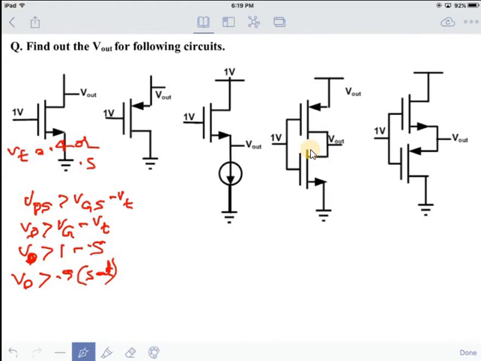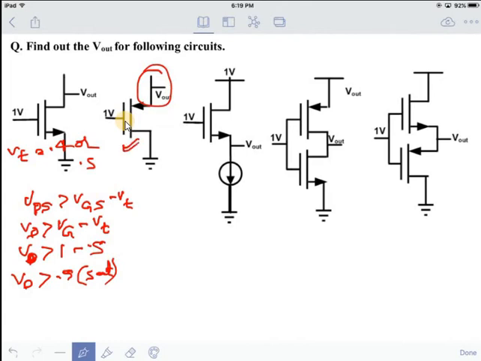Now if you look at the second circuit, this is a PMOS. At the gate of the PMOS 1 volt is applied and we want V out here. You may get confused with this circuit.